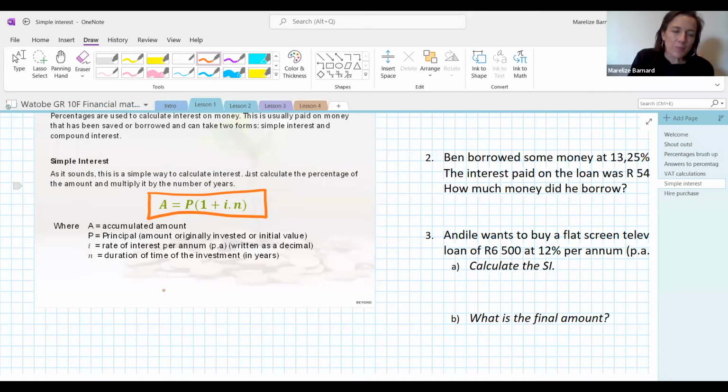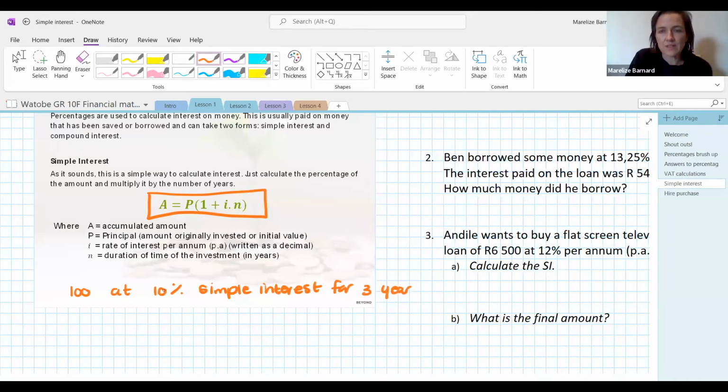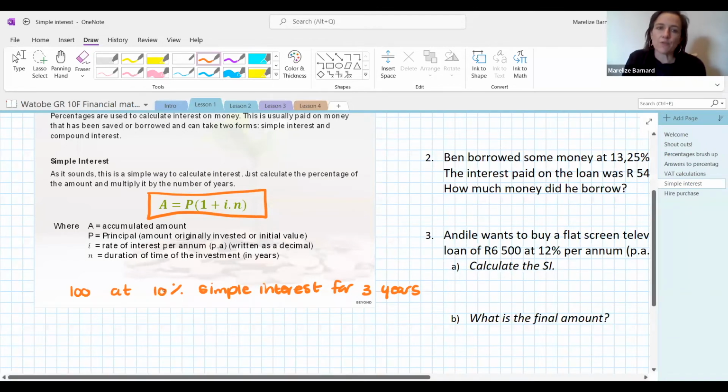If you put 100 Rand away at 10% simple interest for 3 years. Okay, so you've started saving, and each year you put 100 Rand away and you get 10% simple interest, and you do that for 3 years.